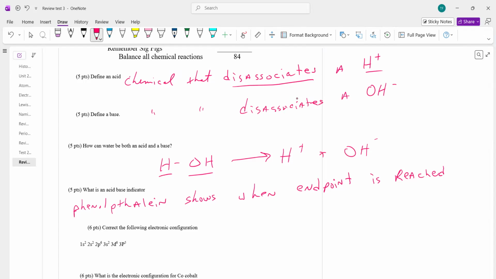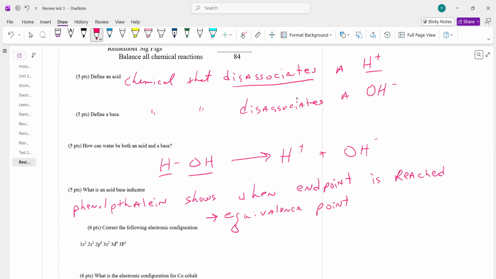Now, there's something called an equivalence point. This is the technical neutralization point, the equivalence point. Now, what you have to do when you determine an indicator to use, you have to look at the indicator's endpoint and the equivalence point.